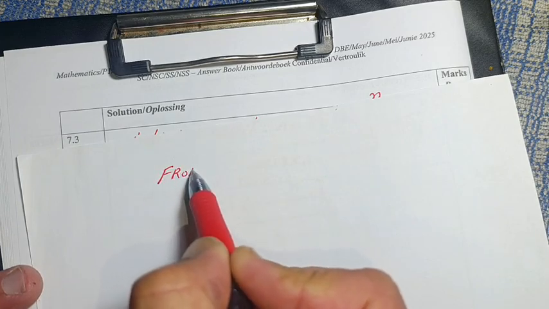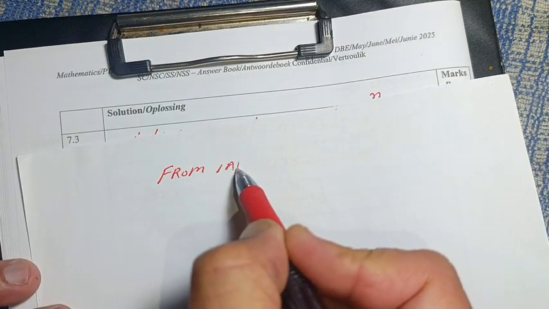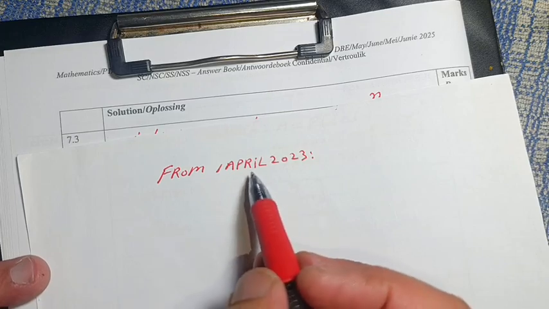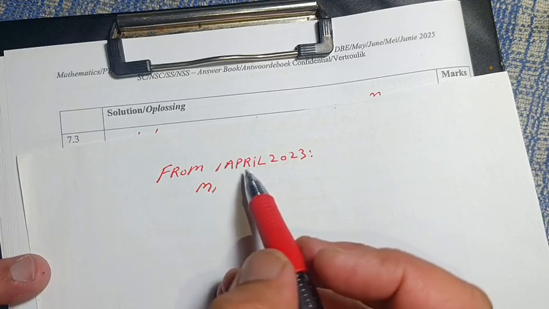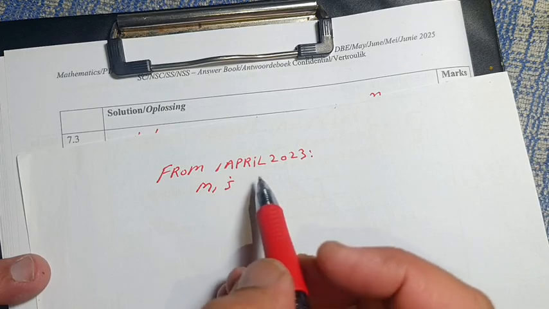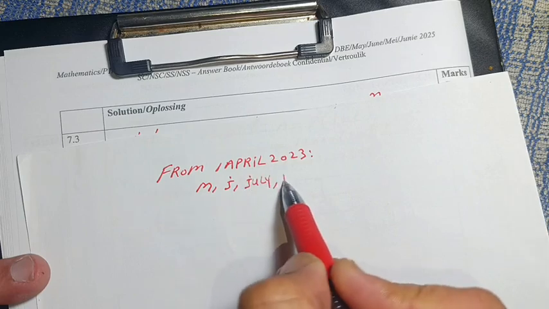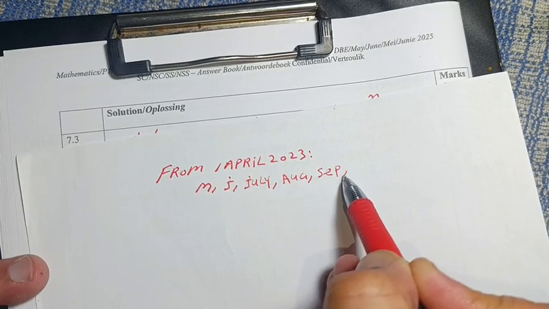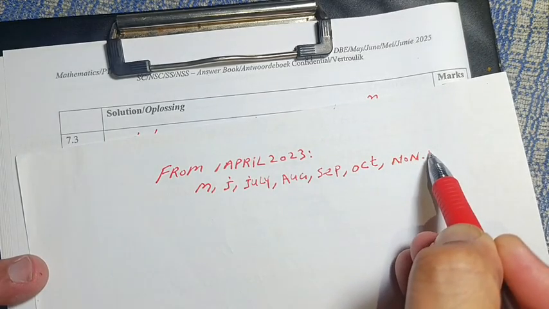From 1st April 2023, after April comes May, June, July, August, September, October, November, and then December.